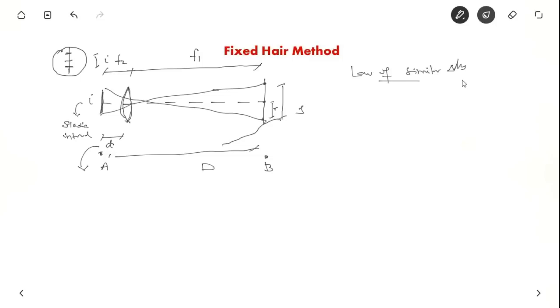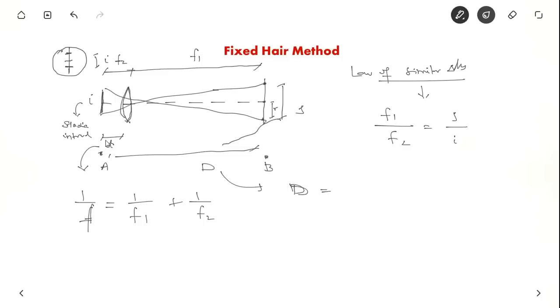So in law of similar triangles you have F1 by F2 equal to S by I. And you know the focal length formula: 1 by F equal to 1 by F1 plus 1 by F2, and here you have distance. So distance is this part F1 plus this distance D.